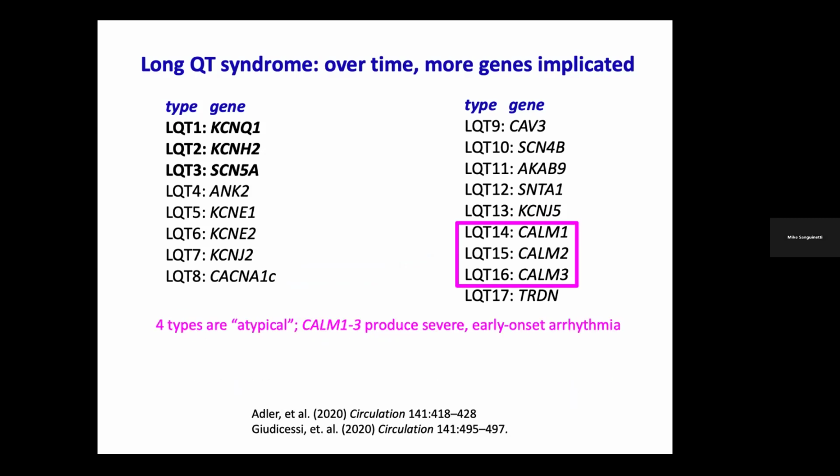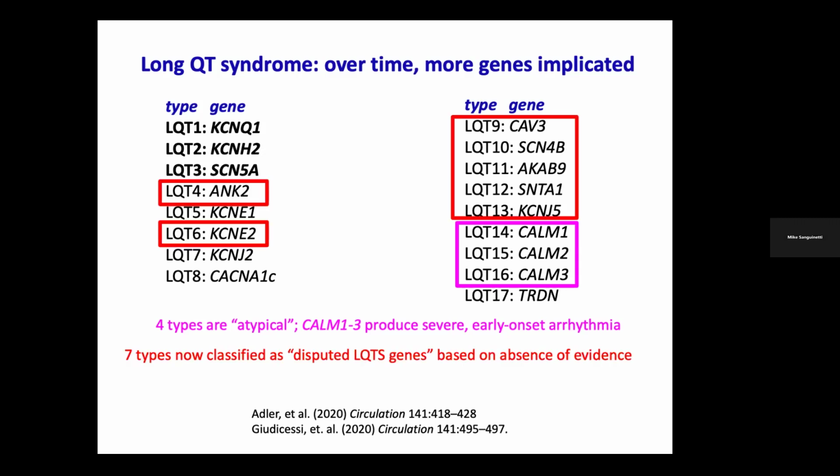But since all these things were published, it's now clear that 4 types of these 8 long QT syndromes that are due to mutations in calmodulin genes are not really long QT. They're very severe arrhythmias, but it's an early onset arrhythmia that's not really like a typical Romano-Ward. So the thinking now is not to include these as long QTs.